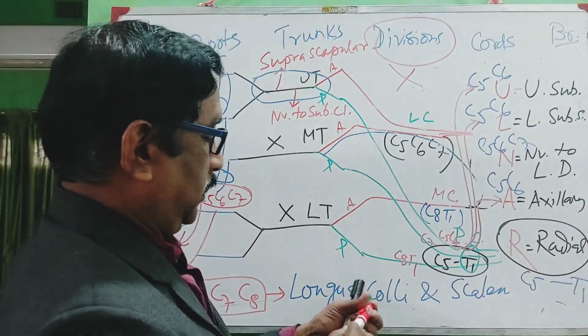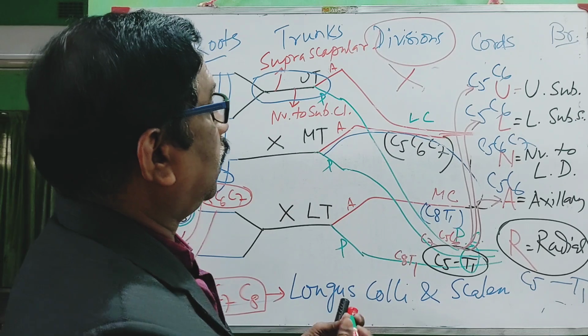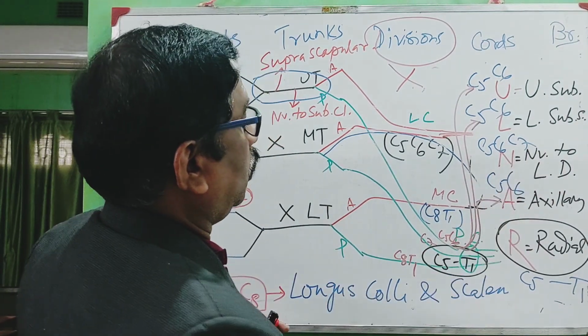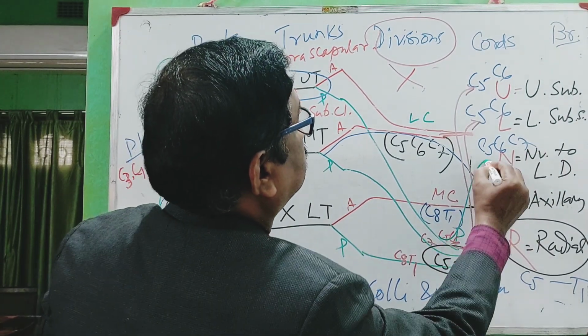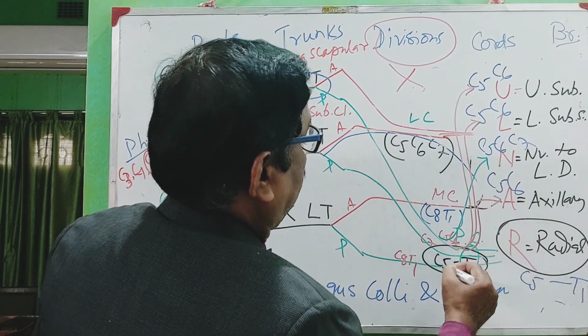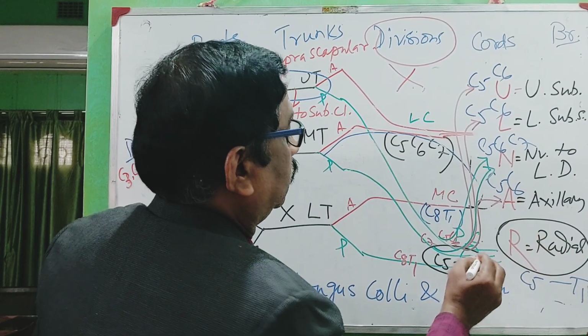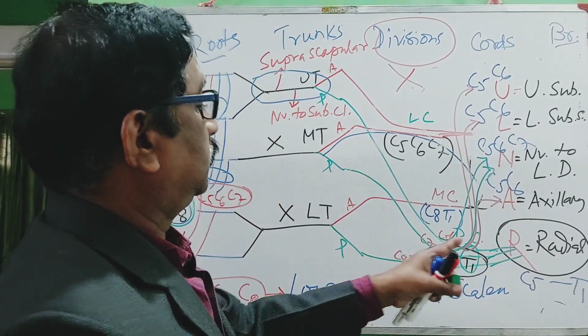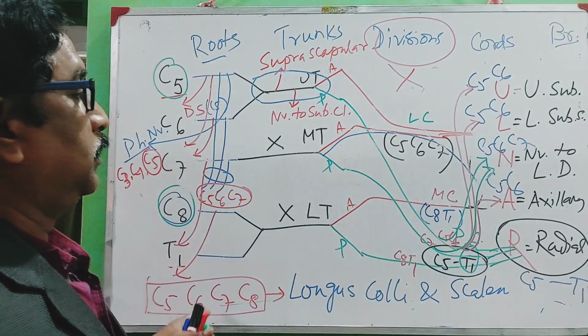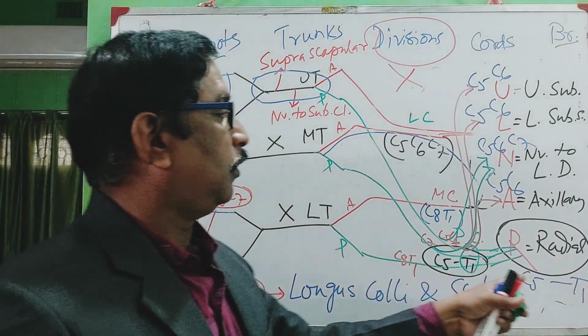But the nerve to latissimus dorsi, or thoracodorsal nerve, comes from C5, C6 and also C7. But for the radial nerve, all the components from C5 to T1 form the radial nerve.